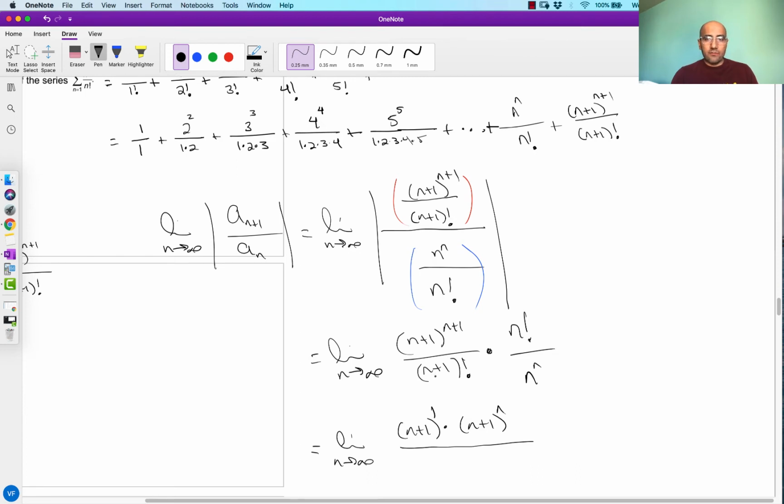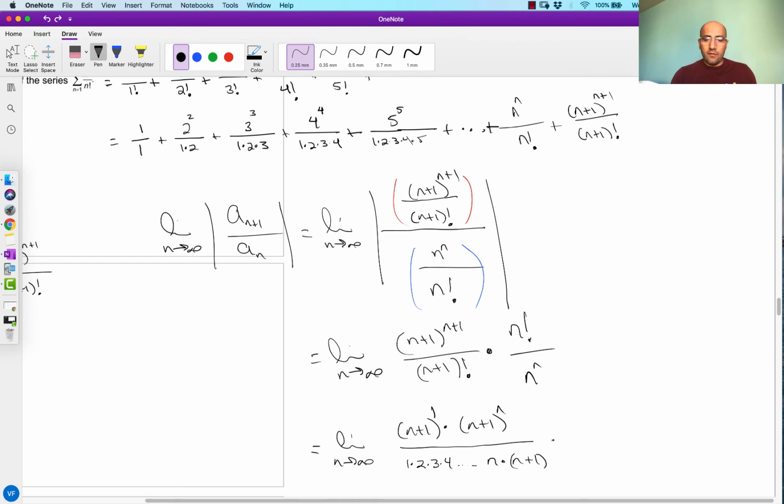Remember, it's counting up, right? So this, for example, was 5 factorial, 1 times 2 times 3 times 4 times 5. So that means that n plus 1 factorial is a multiplication of 1 times 2 times 3 times 4, dot dot dot, times n times n plus 1.